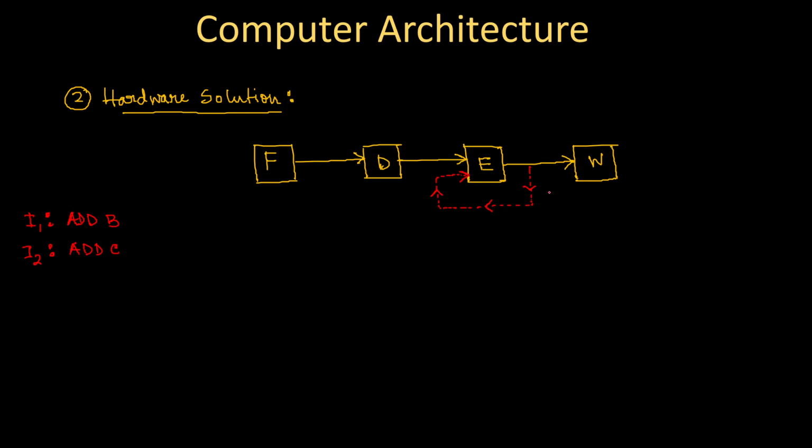If I have something like this, then what will happen? When execution completes for the first instruction and the result is available on this data line, and if the second instruction requires the result from the previous instruction, then this feedback line can be used to carry the updated result to the input of the execution unit.